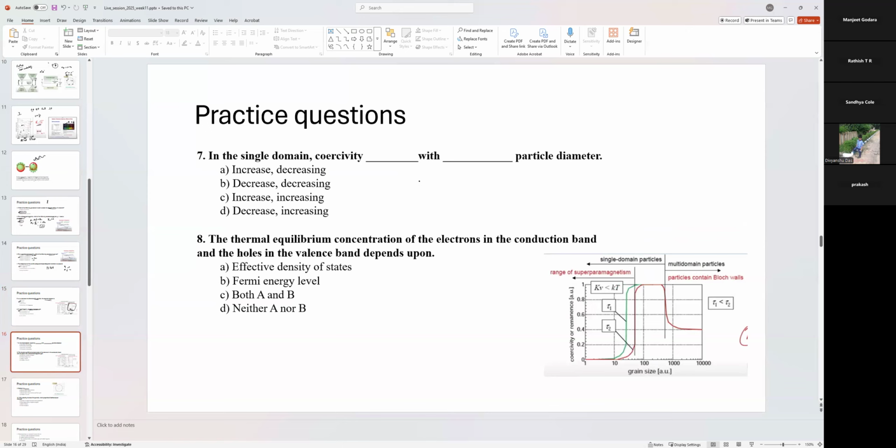In single domain, coercivity decreases as you're going this way, decreases with particle diameter.